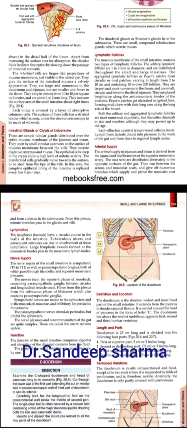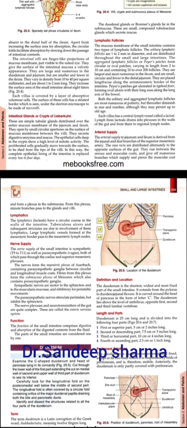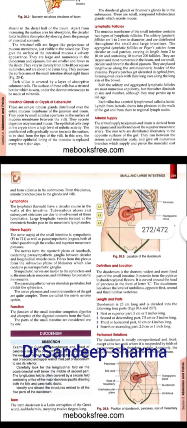They open by small circular apertures on the surface of the mucous membrane between the villi. They secrete digestive enzymes and mucus. The epithelial cells deep in the crypts show a high level of mitotic activity.